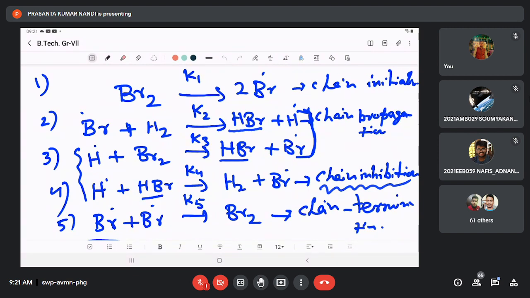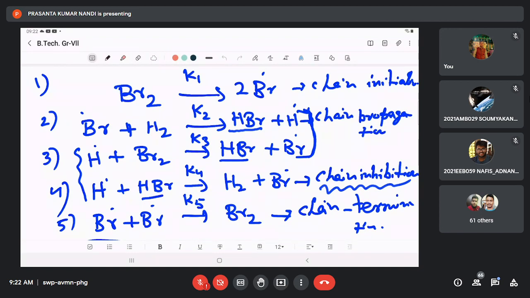And this step, that is step 4, we call chain inhibition. It means the product molecule reacts with another free radical, the hydrogen free radical, to produce back a reactant molecule, hydrogen, and here a bromine free radical is generated.